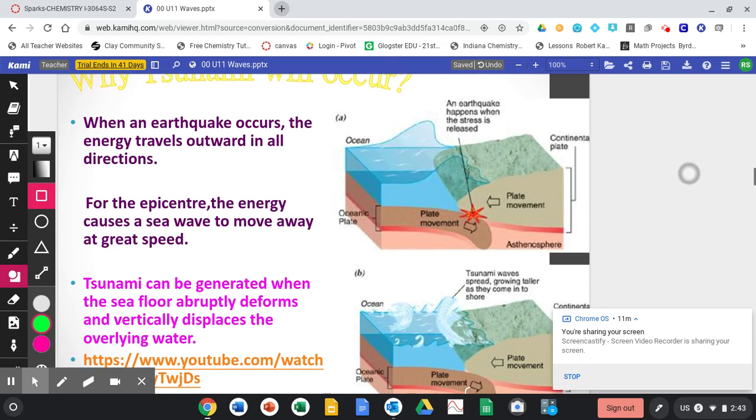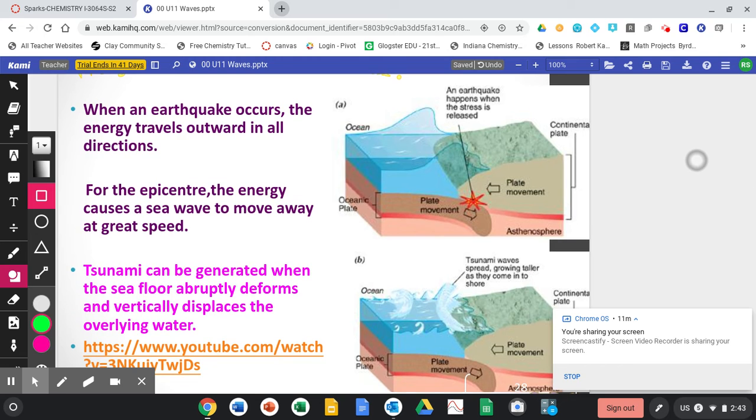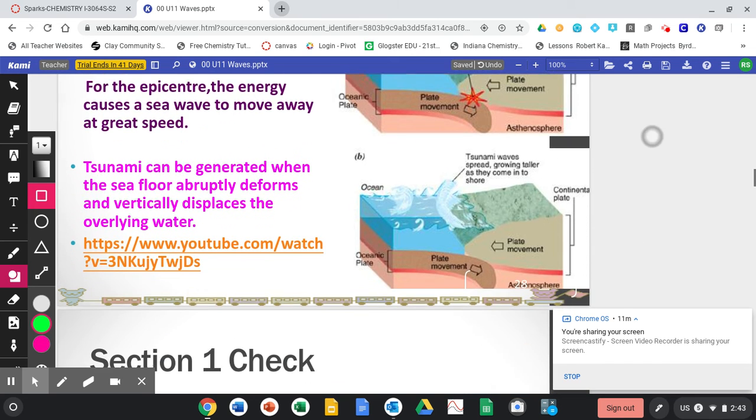So here gets into why tsunamis occur. When an earthquake occurs, the energy travels outward in all directions. From the epicenter, the energy causes a sea wave to move away at great speed, and it's usually generated from an earthquake.